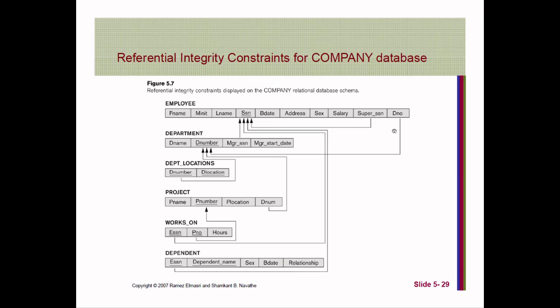In the insert operation in the employee table, the value for D number attribute is given as 6. But 6 is not a valid D number, right? Because there is no D number 6 in the company. There are only 5 departments. And as we know, the referential integrity constraint states that the value of the foreign key must be an existing value of the primary key it is referencing. So if the user is not careful, then the user may try to insert an invalid value for D number, which causes referential integrity constraint violation.